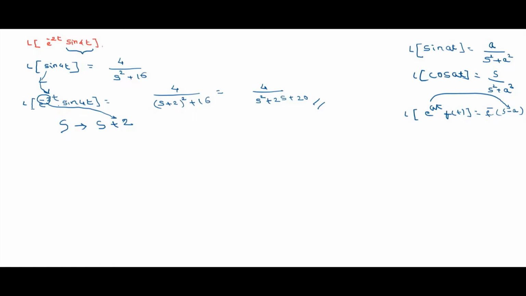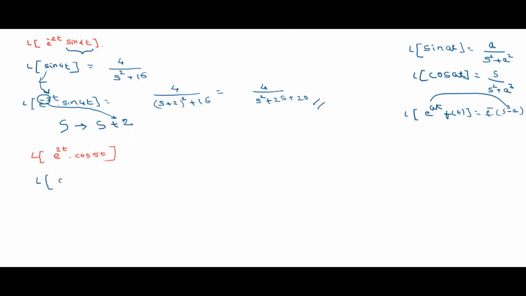Now you can take one more example. What is the Laplace transform of e raised to 2t into cos 5t? First I will write the Laplace transform of cos 5t.